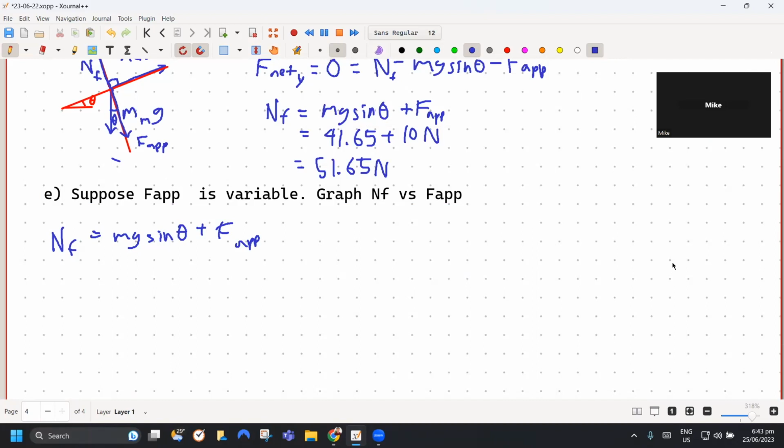Okay, so F applied is the variable, yung magiging x. Normal force is yung magiging y natin. So yung intercept, x intercept, y intercept.